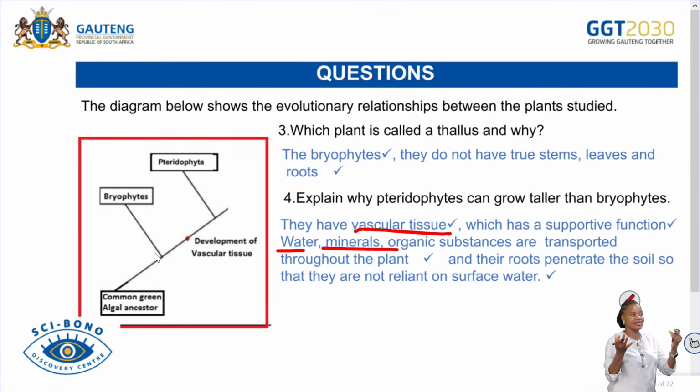So these vascular tissues are giving the supportive function. Their roots also penetrate into the soil, so they are not reliant on the surface water. Any of these reasons makes the Pteridophytes grow taller than the Bryophytes.